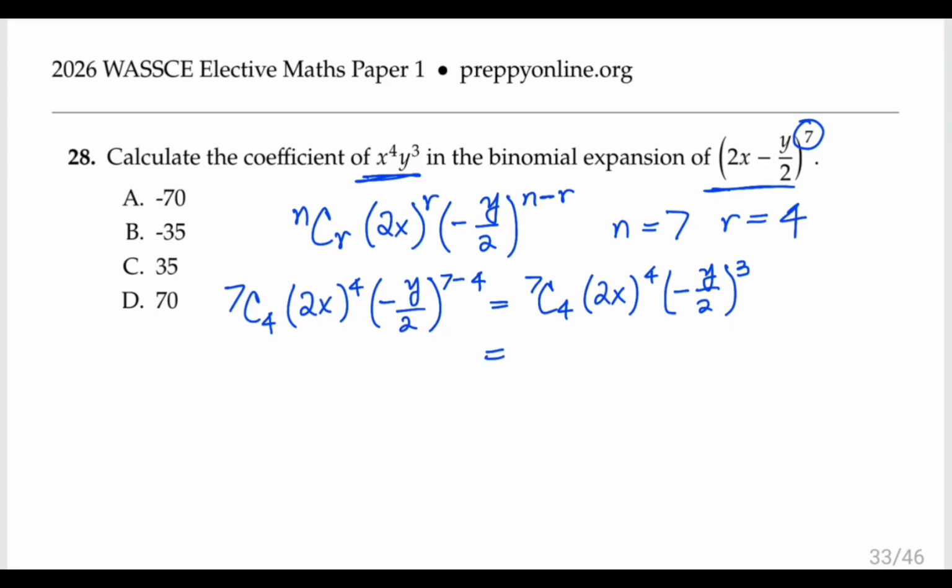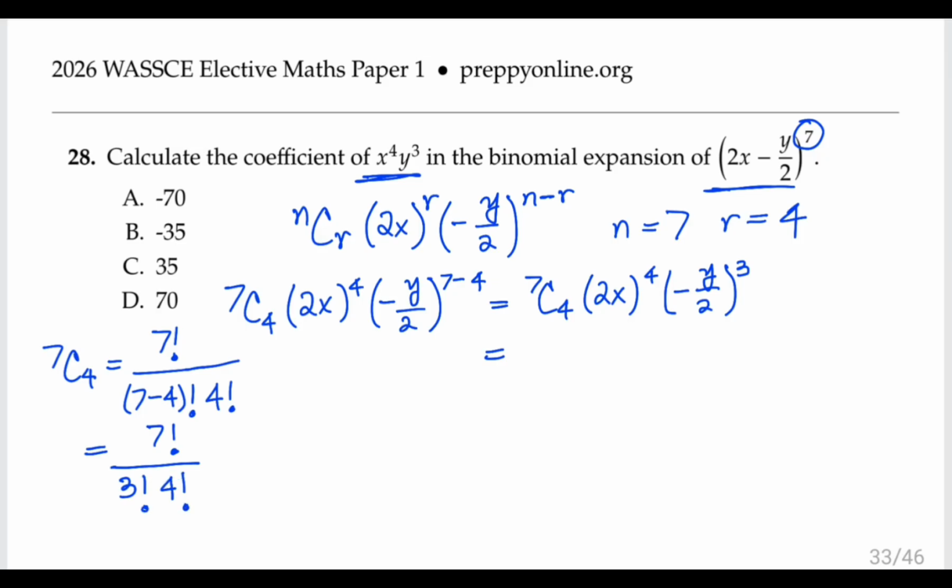Simplifying this, 7 choose 4 is equal to 7 factorial over 7 minus 4 factorial times 4 factorial. What is this equal to? It's 7 factorial over 3 factorial times 4 factorial.